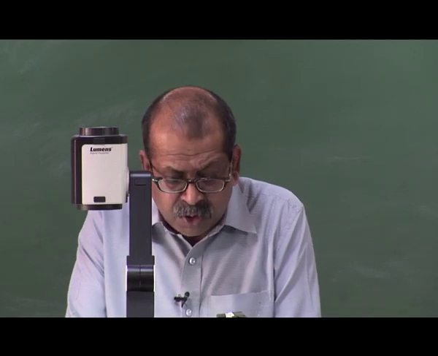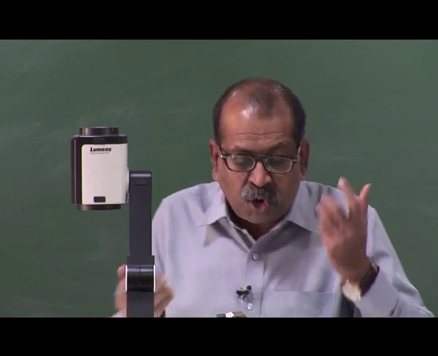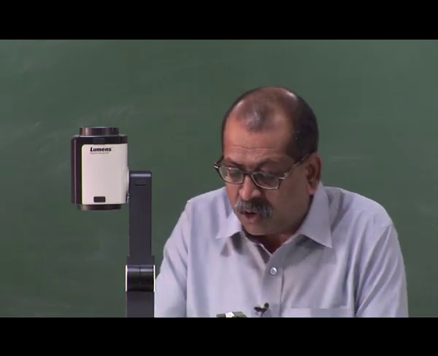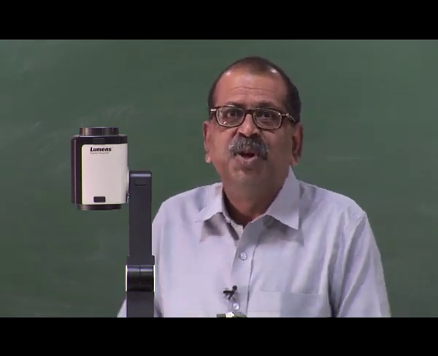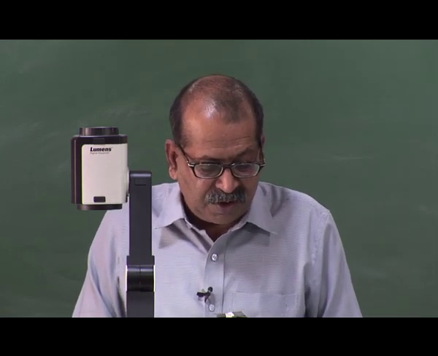So, now let us have a look at the general procedure which we have developed for solving these problems in mechanics, and I am now going to do an analysis of the procedure which we have developed.